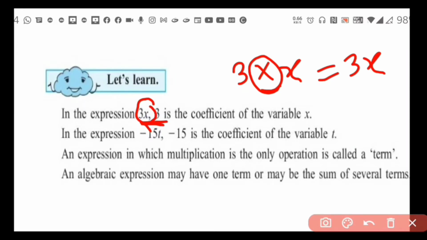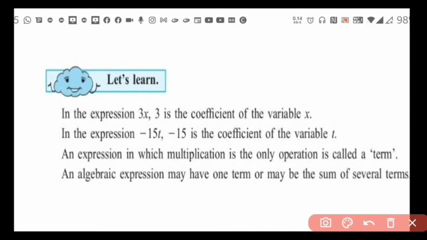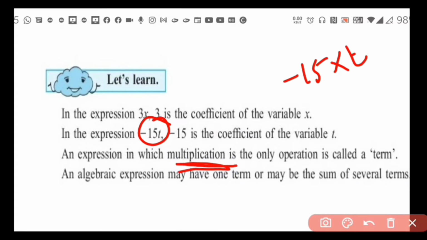Similarly, in the next expression minus 15t, there is a multiplication between minus 15 and t. So minus 15 multiplied by t. Single operation, which is multiplication. So an expression in which multiplication is the only operation is called a term. We can say that this 3x is one term, 15t is the second term.